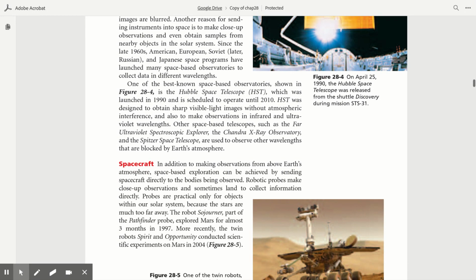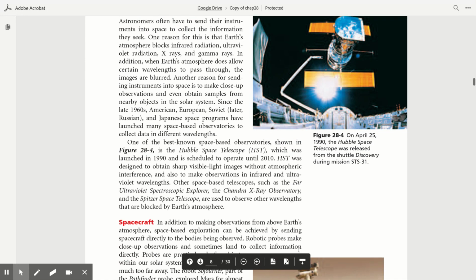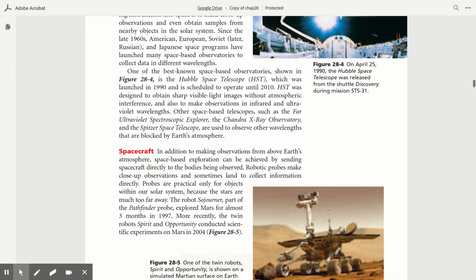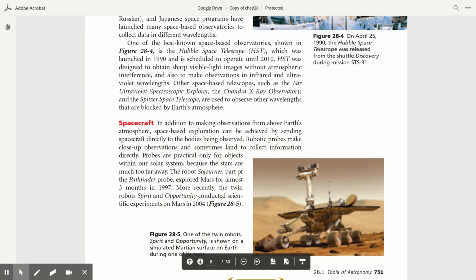One of the best-known space-based observatories, shown in Figure 28.4, is the Hubble Space Telescope, which was launched in 1990 and is scheduled to operate until 2010. HST was designed to obtain sharp visible light images without atmospheric interference, and also to make observations in infrared and ultraviolet wavelengths.